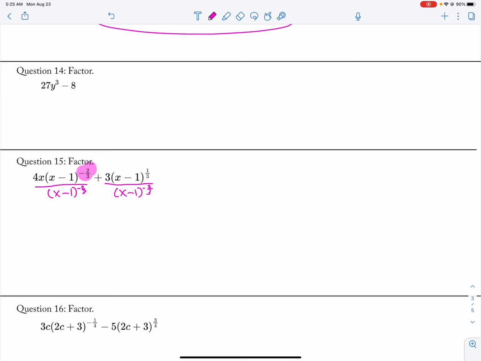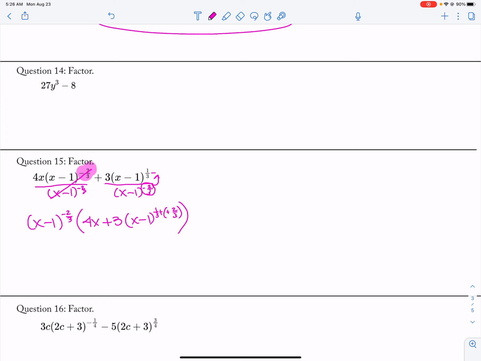What happens is the first one, I pull out my x minus 1 to the -2/3, and what I'm left with is these two cancel out, and I'm just left with a 4x. Now here, I have a 3. I bring my exponent to the top, and I subtract. So this is x minus 1 to the 1/3 minus a -2/3. That makes a positive.